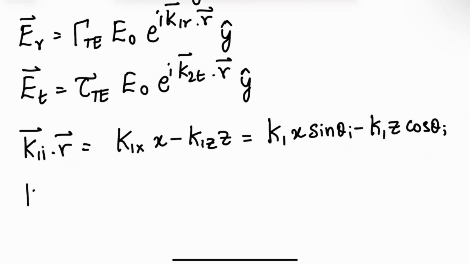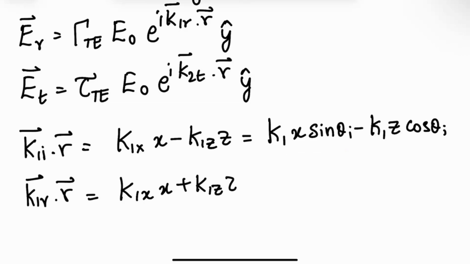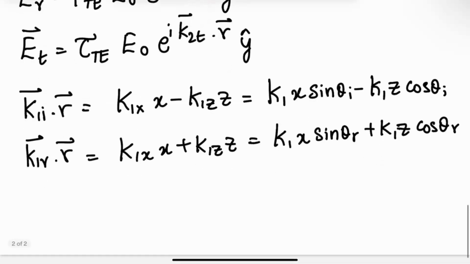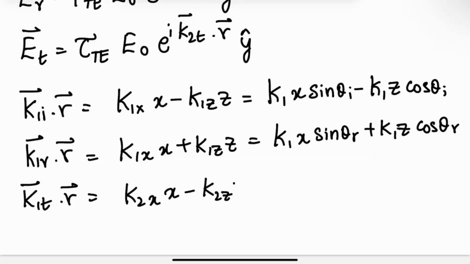So in a similar manner, we can write it for the reflected k, k1R dot r, which is k1x x plus k1z z, which is nothing but k1x sine theta R plus k1z cosine theta R. And similarly, k2T dot r is k2x x minus k2z z.